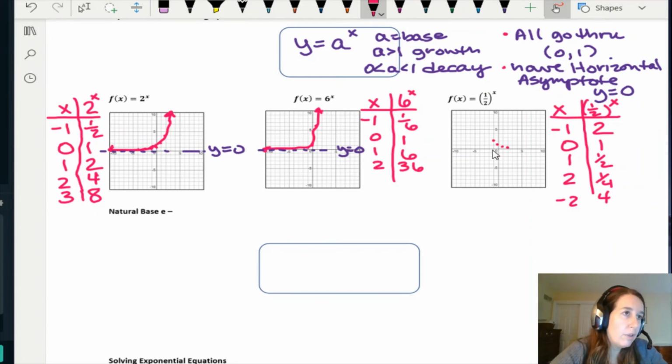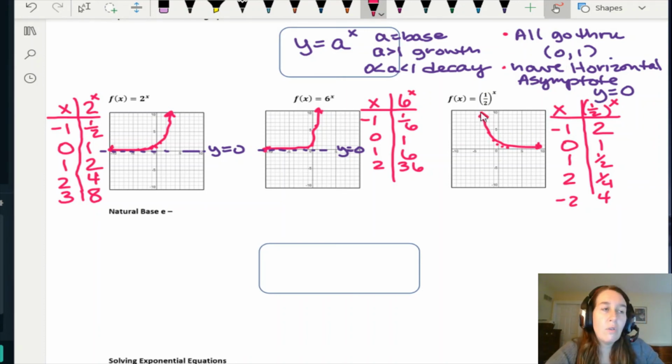All right, so -2, 4 is right here. So if we trace this graph down, we are going in this direction. Now, as you can see, we are decaying. Our number is getting smaller and smaller, getting closer and closer to 0. We still have this horizontal asymptote at y = 0. It's just that it's on the other side of the graph.